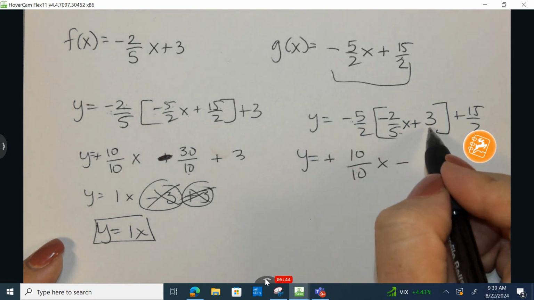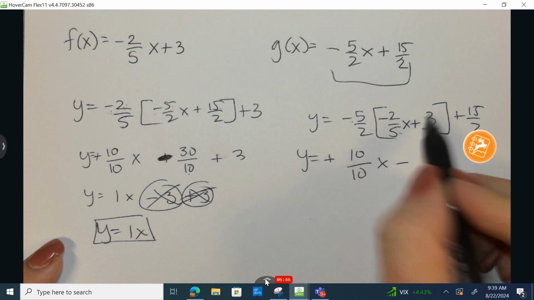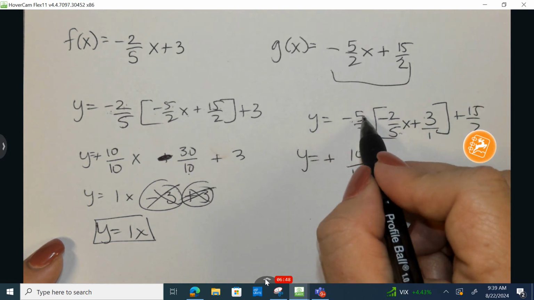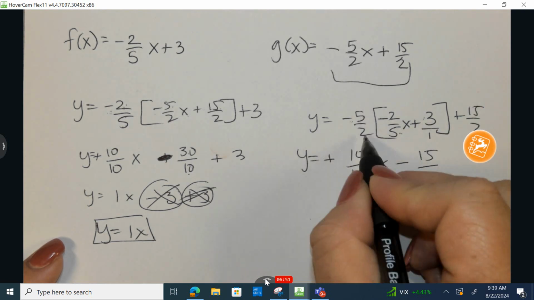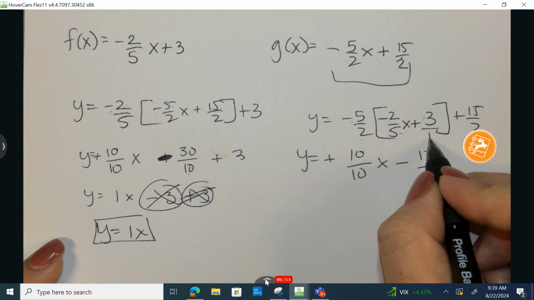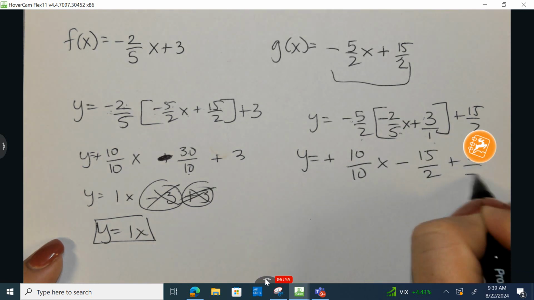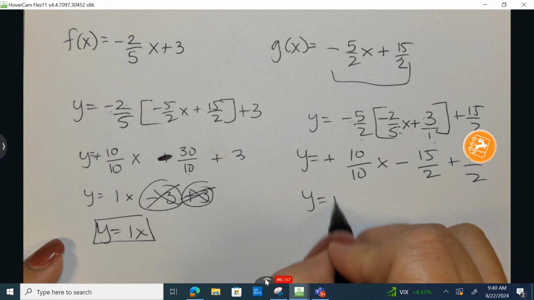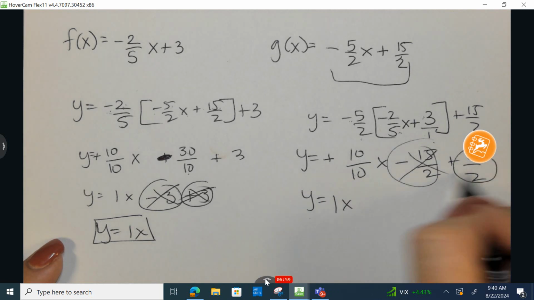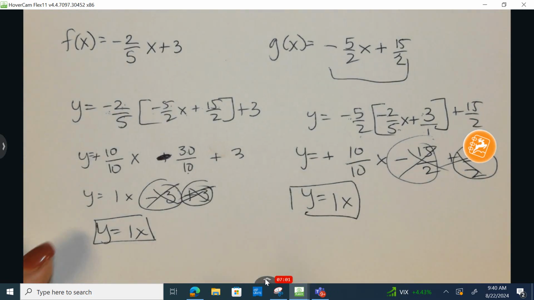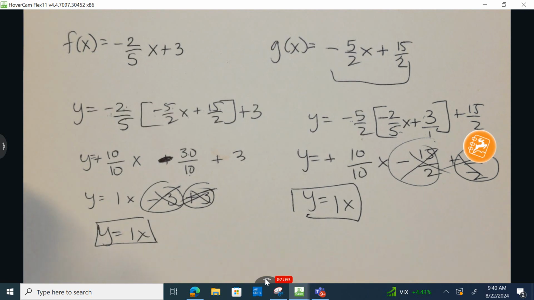Now this is confusing. I only multiply the 5 times the 3. So negative 5 times 3 is negative 15. And 2 times 1 is a hidden 1 is 2. 10 divided by 10 is 1. These are additive inverses. They cancel out. And I just proved that these are in fact inverses of one another using composition of functions.